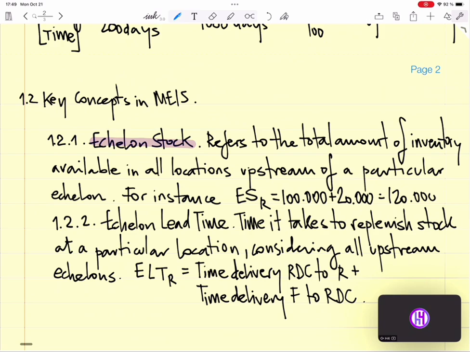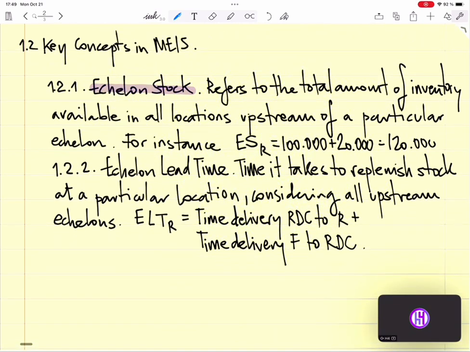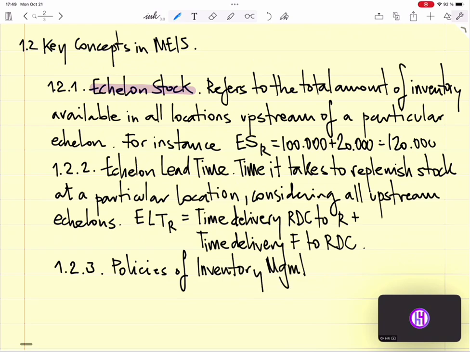So there are two sorts of policies that can be used in multi-echelon inventory systems for inventory management.